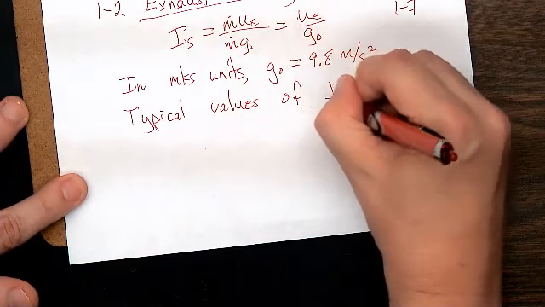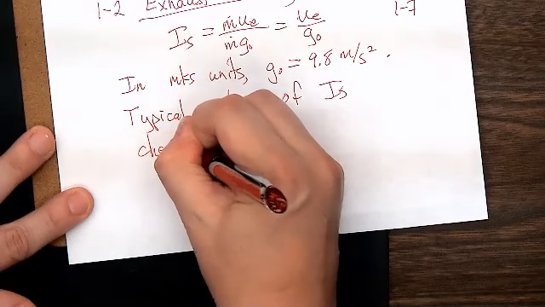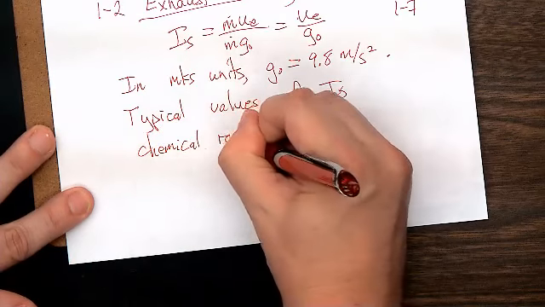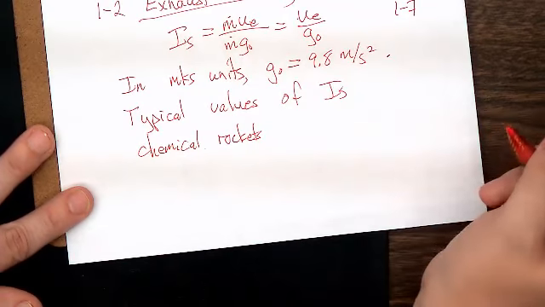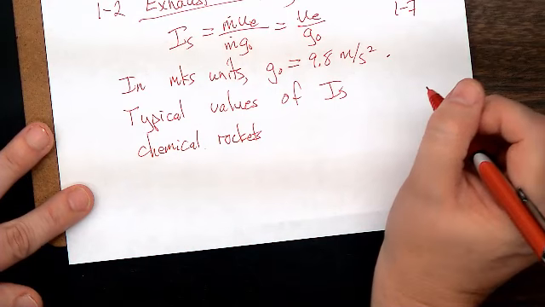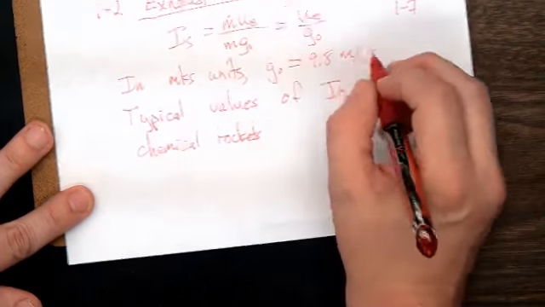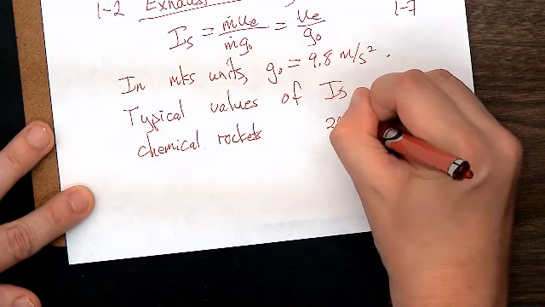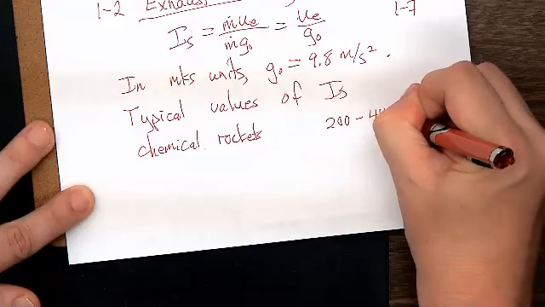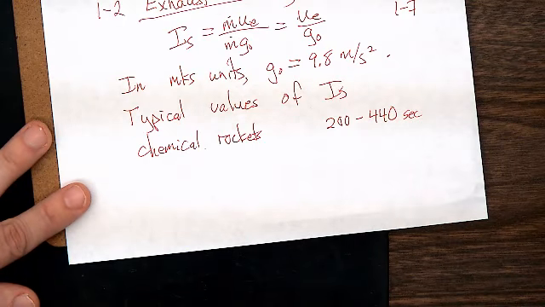Of the specific impulse. Chemical rockets. Monopropellants and solid rocket motors can be dogs compared to liquid rockets. So we'll have a range of about 200 to 440 seconds of Isp.